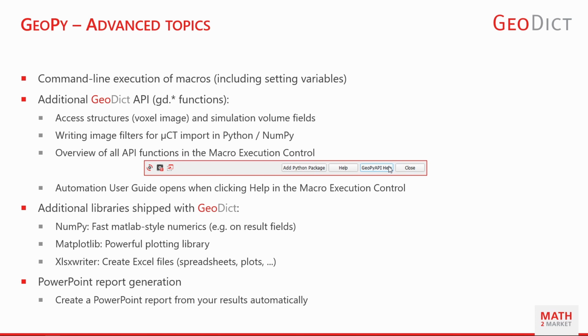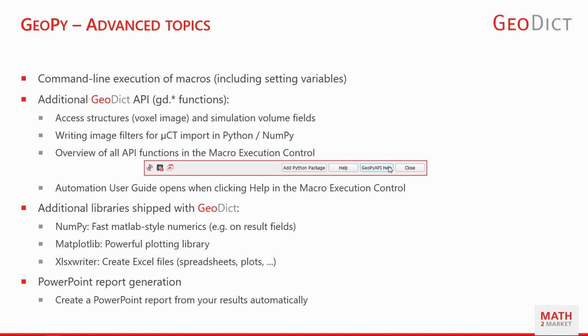These two could belong to the most important of these, but we also provide functions, for example, to directly access the voxel structure or simulation result fields, and for writing import geo wall filters for micro CT images.